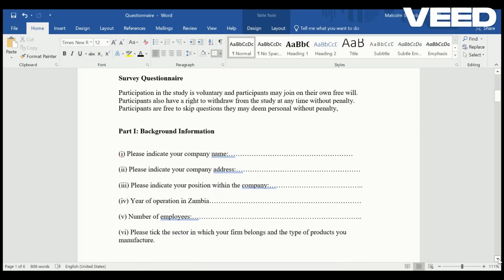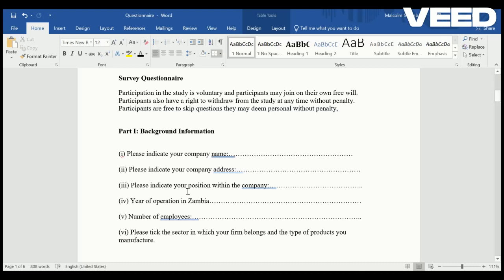So the first part, I won't discuss my research question. I'll gather information about the respondents, the demographics. This is the information which goes in your demographics, your descriptive statistics.